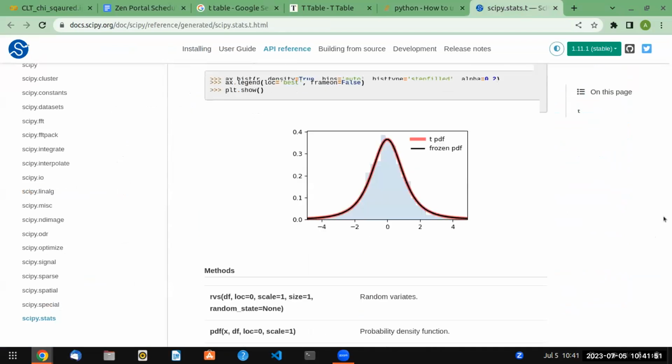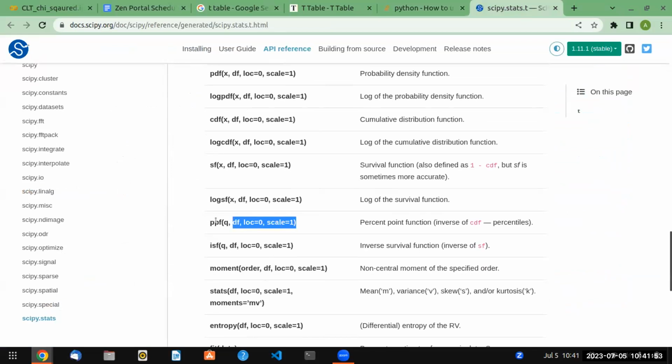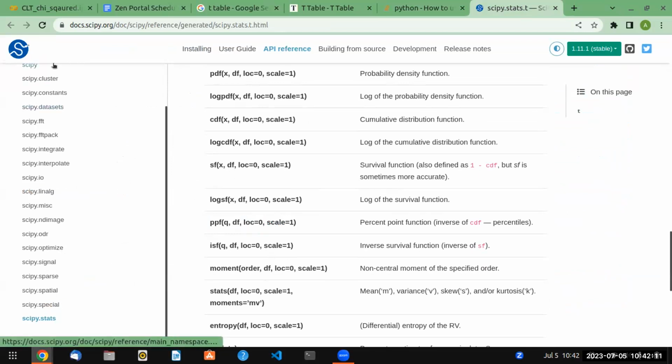It's just Q, df, then the mean and the standard deviation. Four parameters it is passing, no parameter for one-tailed or two-tailed. Maybe there are other Python libraries apart from SciPy that you need to explore which take one-tail or two-tail. But as of now, there is no such concept of one-tail and two-tail here.